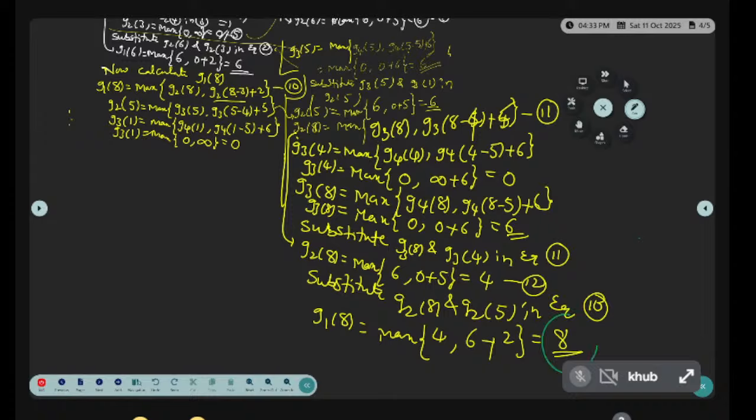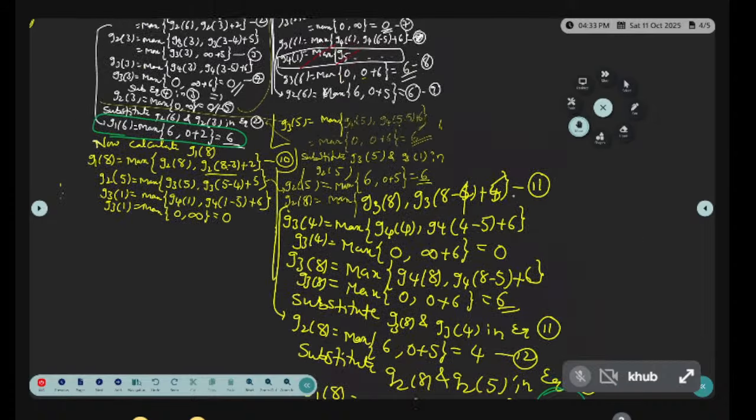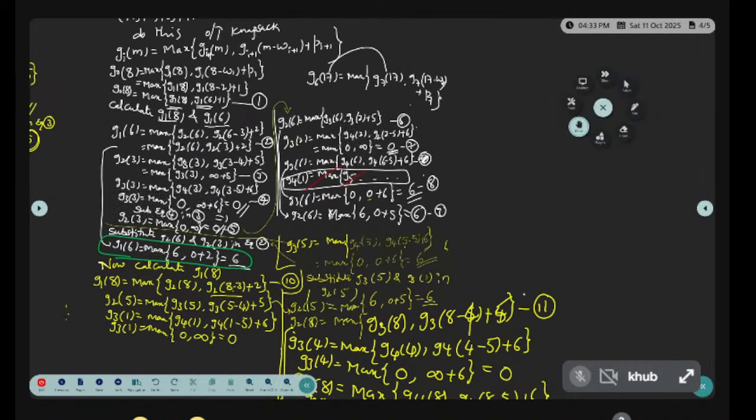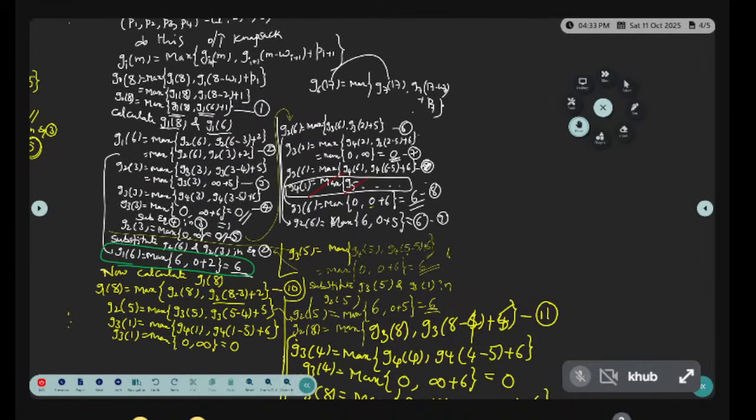G1 of 8 and this G1 of 6. In equation 1, see in equation 1, G1 of 8 and G1 of 6 plus 1.